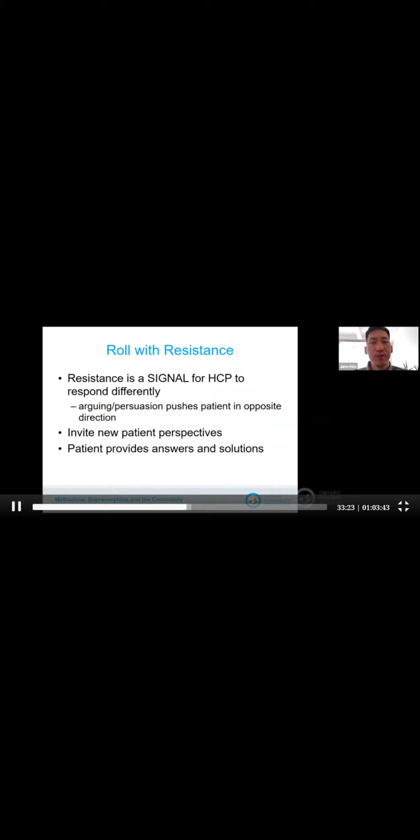Rolling with resistance. So resistance is a signal for the healthcare provider to respond differently. Invite new patient perspectives, and again, when there's resistance, you want to make sure that the patient is providing the reasons for their change, and the patient is providing answers and their own solutions.